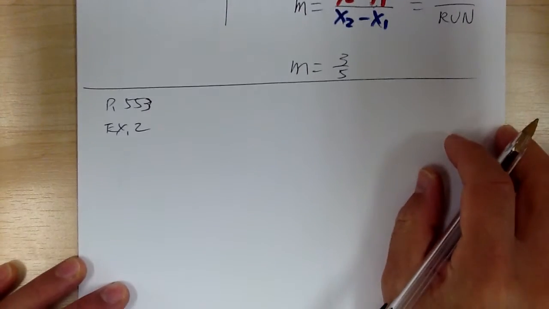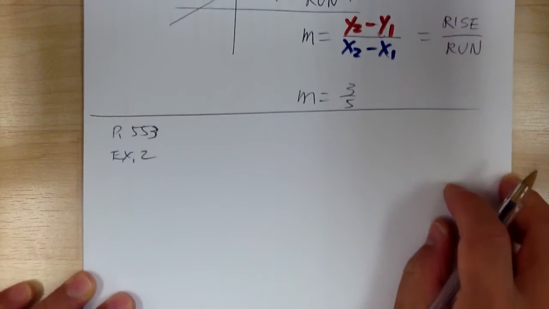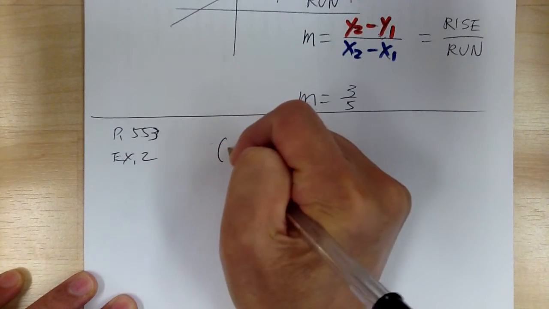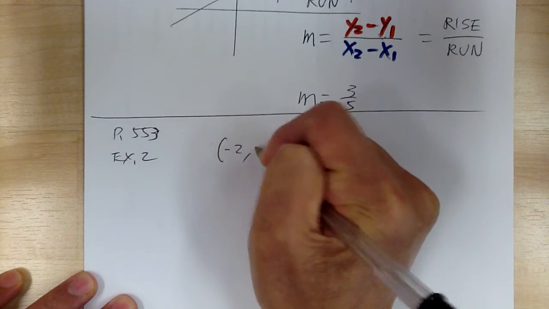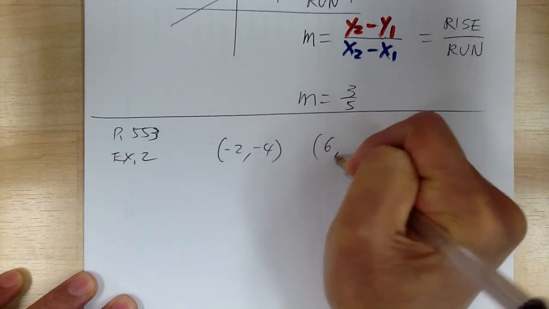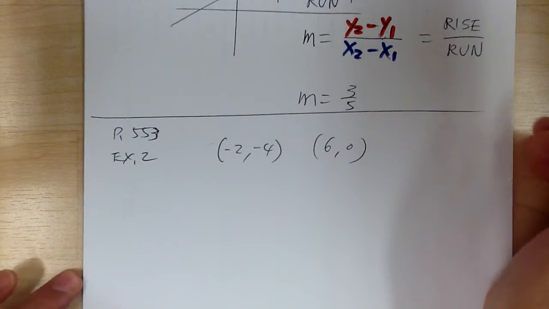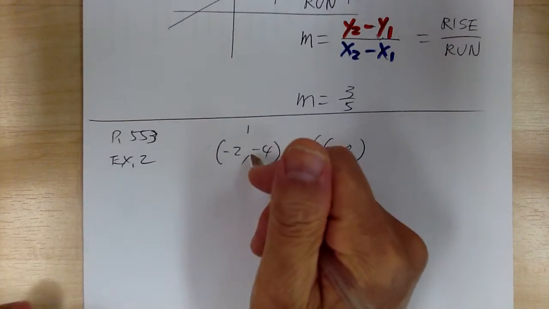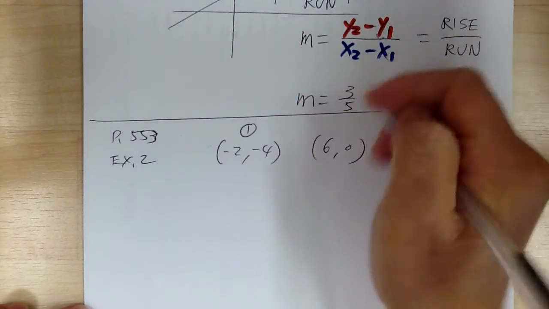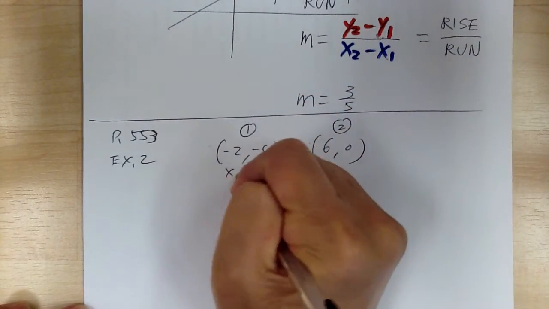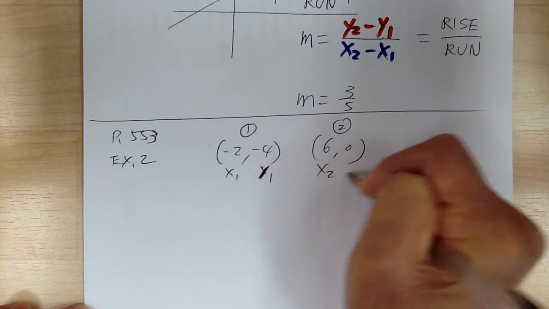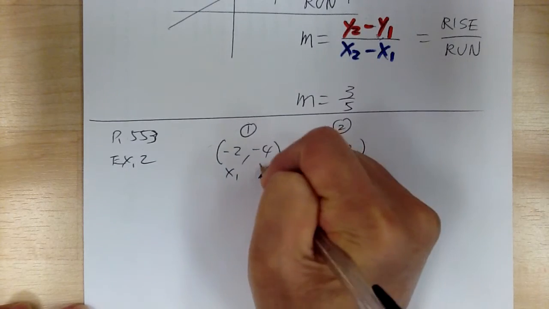Example 2 says find the slope of the line passing through the points -2, -4, and 6, 0. It doesn't matter which is point 1 and which is point 2. But since this comes first, I'm going to call this point 1 and this point 2. So that's your x1, this is y1, this is your x2, and this is y2.